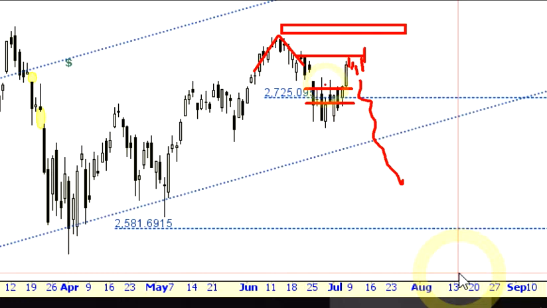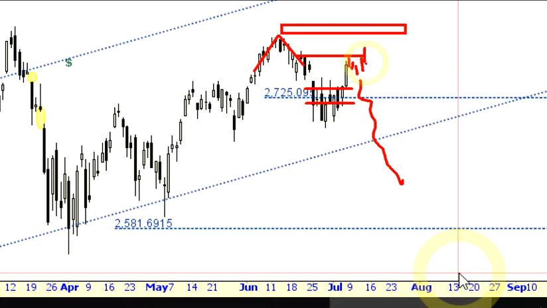So we just want to give you a heads up. If this structure breaks here, there are serious implications for downside movement. If we break out of here, there's not necessarily serious upside potential. There's just potential into a new decision point off of this large pivot here.